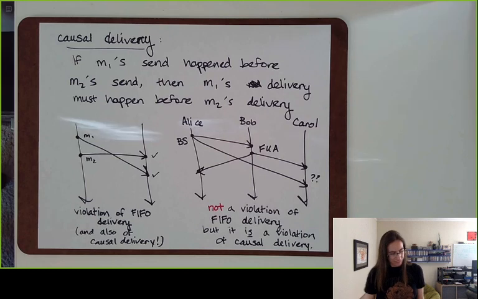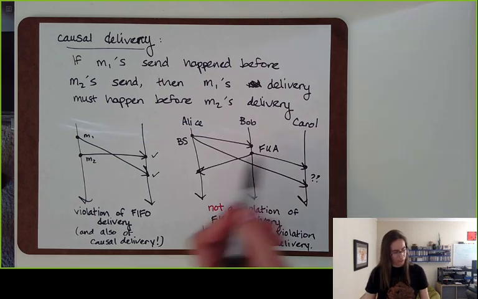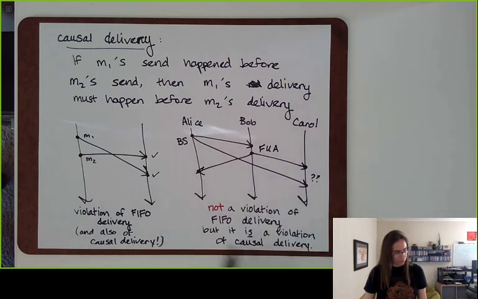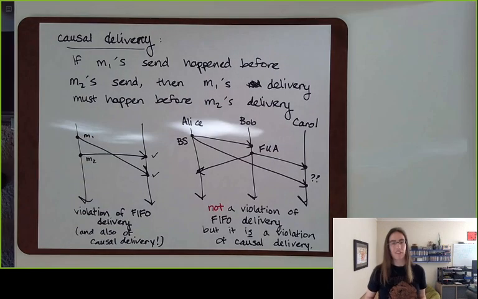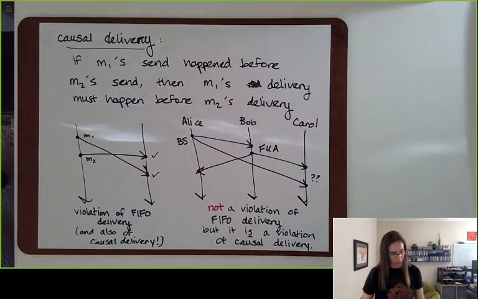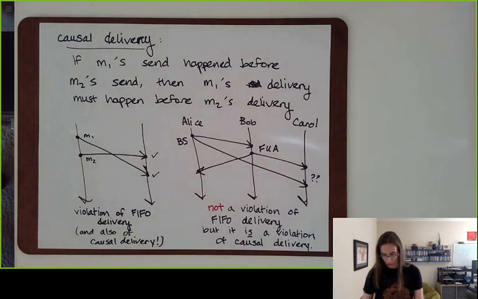But sadly, you can have violations of causal delivery like this one that aren't violations of Fifo delivery. So sadly, TCP does not rule out situations like this. A guarantee of Fifo delivery by itself will not prevent this violation of causal delivery. All the interesting violations of causal delivery, like this one, require 3 or more processes to demonstrate.